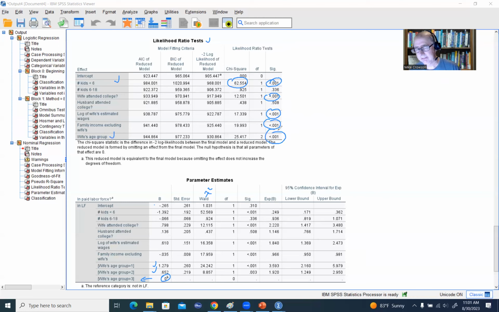And so the likelihood ratio test right here is an omnibus test of the overall effect of age category as a predictor within the model. So it's not broken out into those dummy variables like you have in the table below, but nevertheless, it is an omnibus test of wife's age group as a predictor. So that's how to make sense out of that.